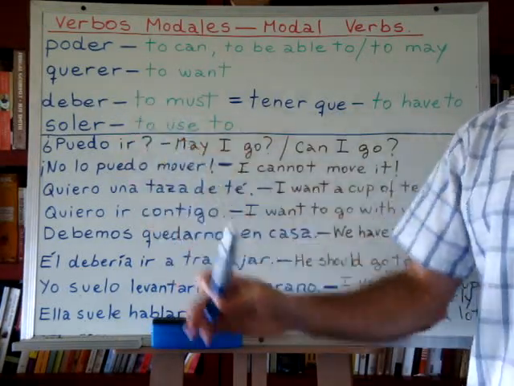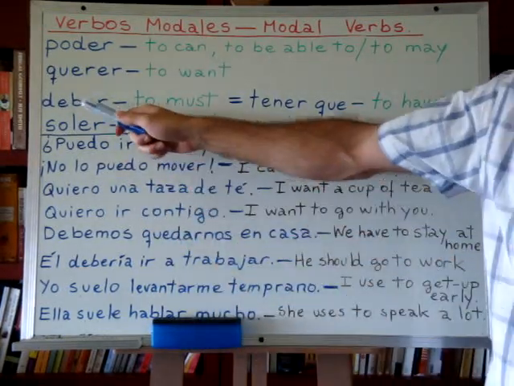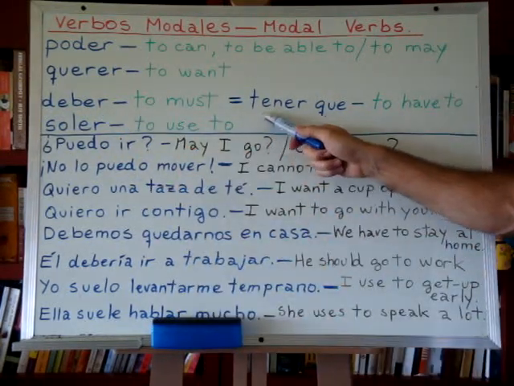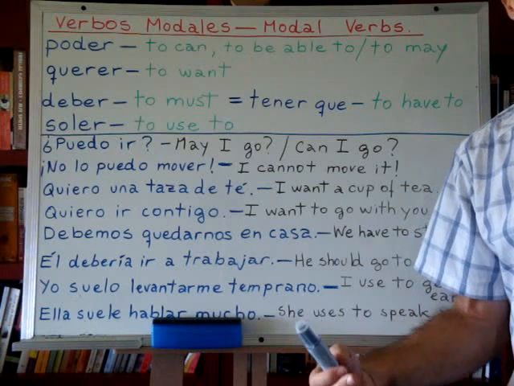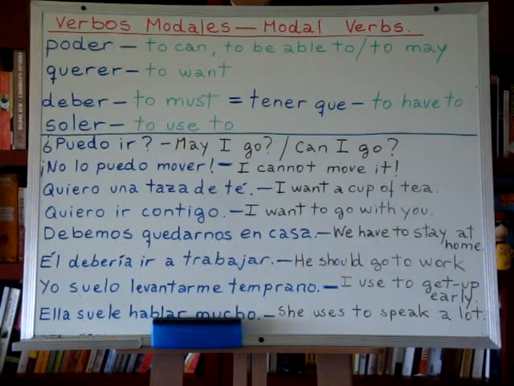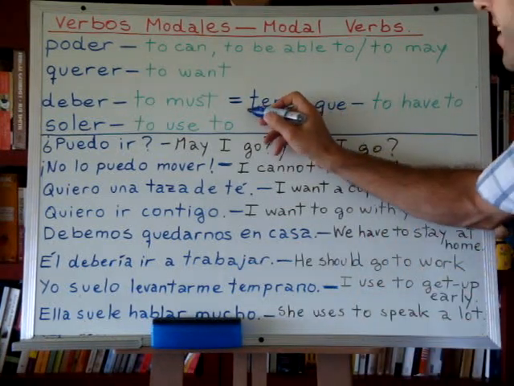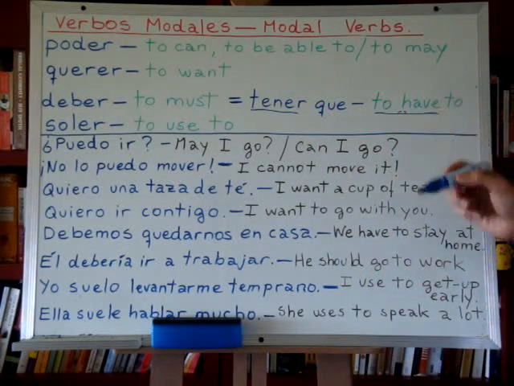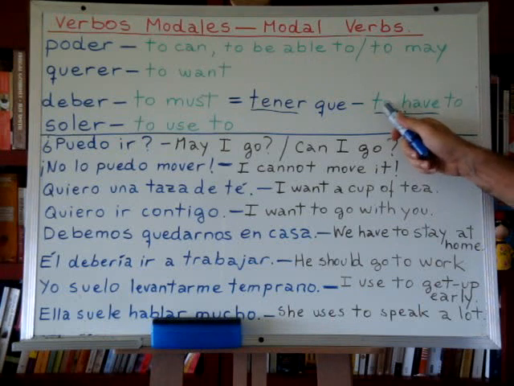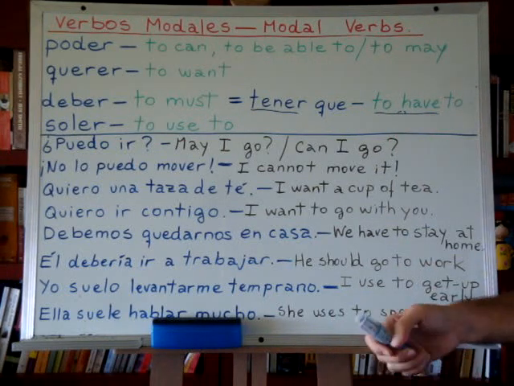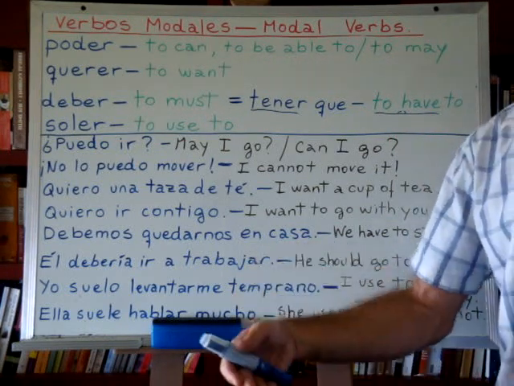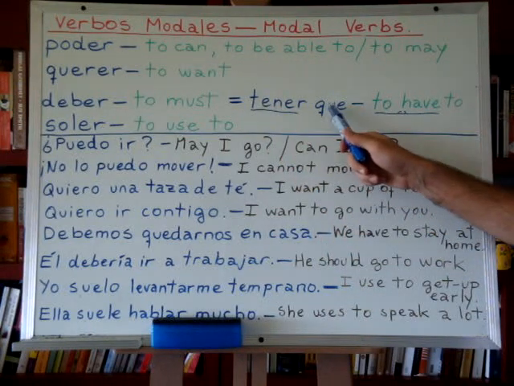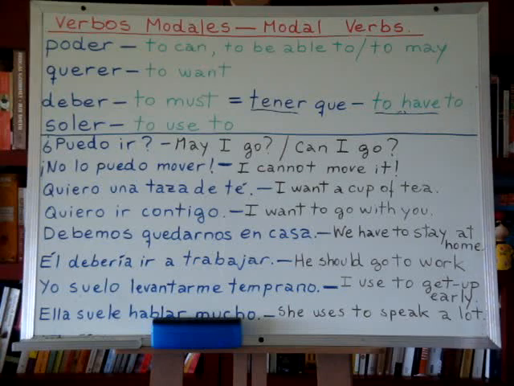Here we have two ways of saying to must or to have to. Deber, right, a modal verb, and tener que, which literally means the same thing as to have to, because the verb tener actually means to have, yes? And to have to, which means the same thing as to must, is tener que in Spanish, okay?